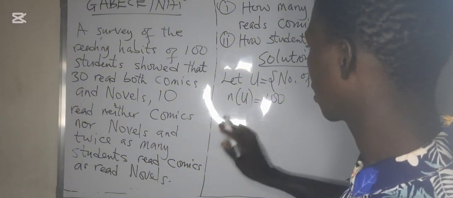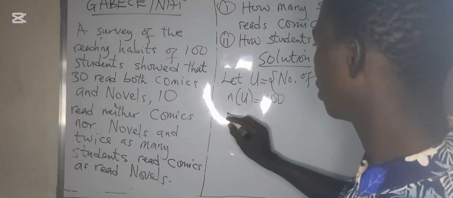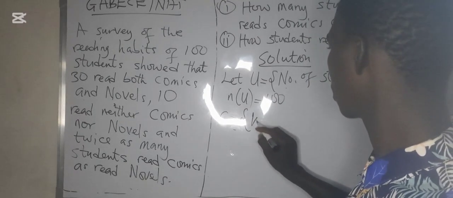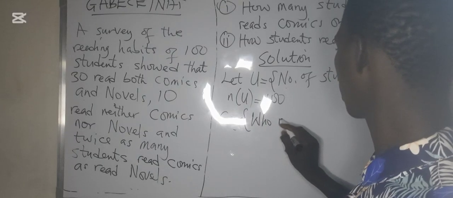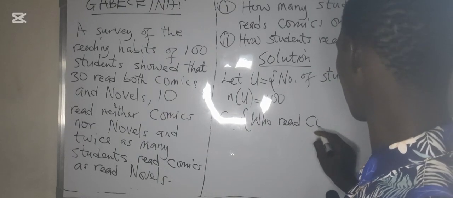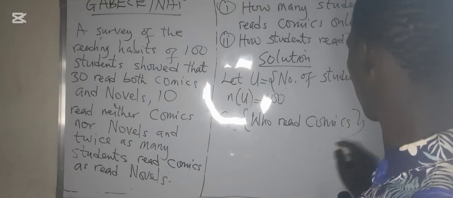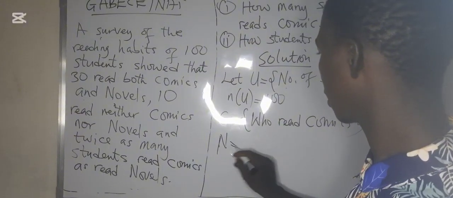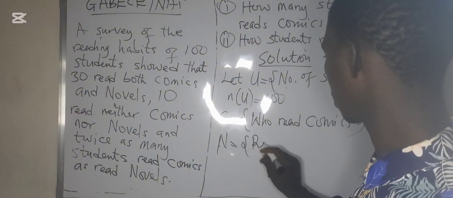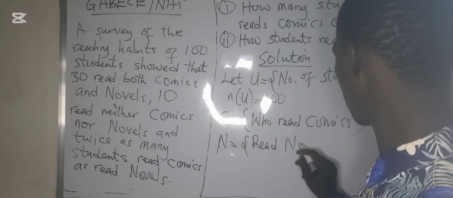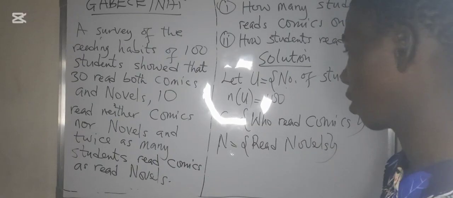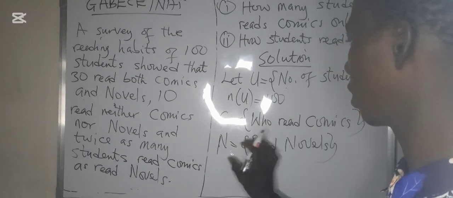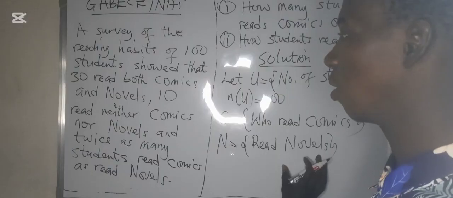Let's say C represents the number of students who read comics, and N represents the number of students who read novels. This C represents the number of students who read comics. This N represents the number of students who read novels.